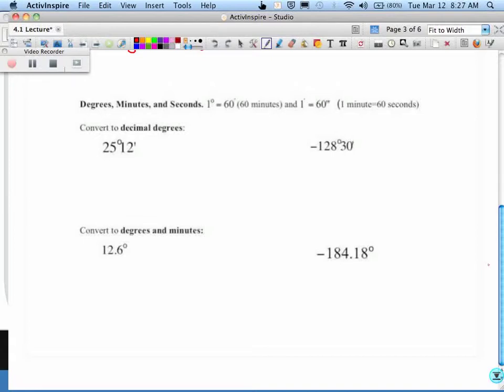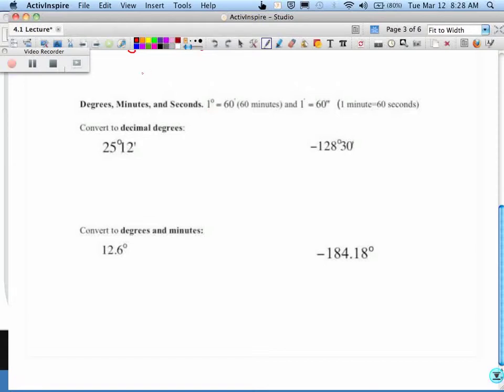So 1 degree equals 60 minutes, 1 minute equals 60 seconds. So that's why you see, on GPS it might be 320 degrees, 20 minutes, and 15 seconds. So we can get fairly close to you even at the equator of the Earth, let's say.